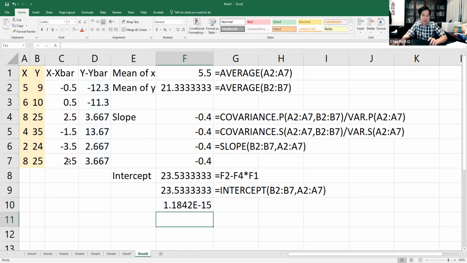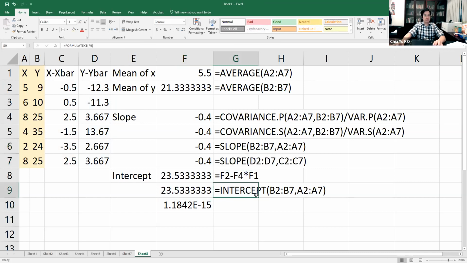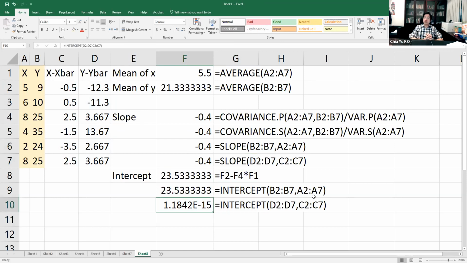It's not exactly 0 because the calculator is not fully precise, but you can see it's as small as you can go. Because you move, basically you move the coordinate to the center. So that's why the intercept is 0, because it passes through the 0 point.